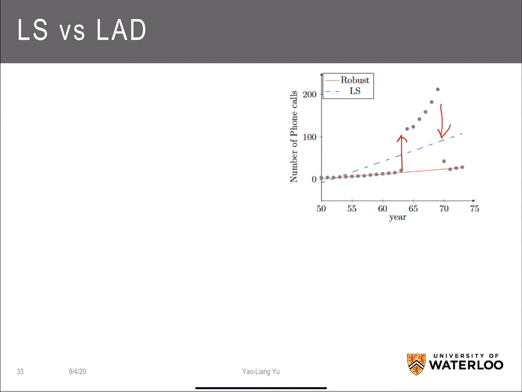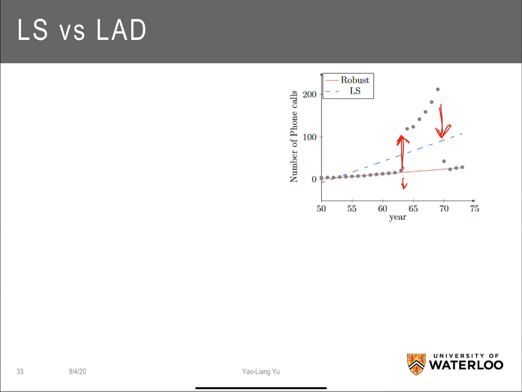The reason this happened was that during 1964, the Belgian government upgraded their device for recording the number of phone calls, but they made a mistake. Instead of recording the number of phone calls, they actually recorded the total duration of phone calls. This is why you see a sharp increase. And then a few years later, of course, they realized the mistake and fixed it, and everything went back to normal. This happens a lot in reality.